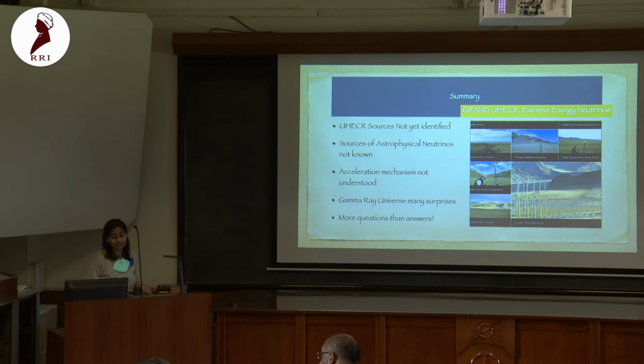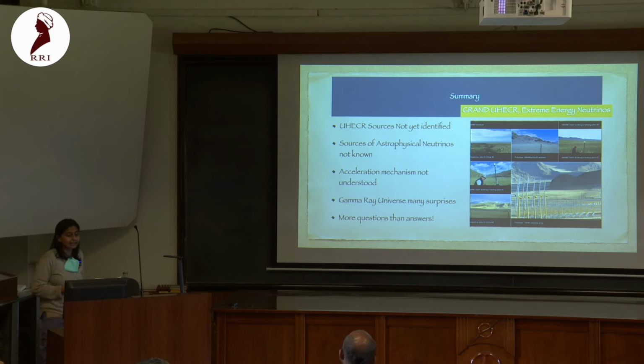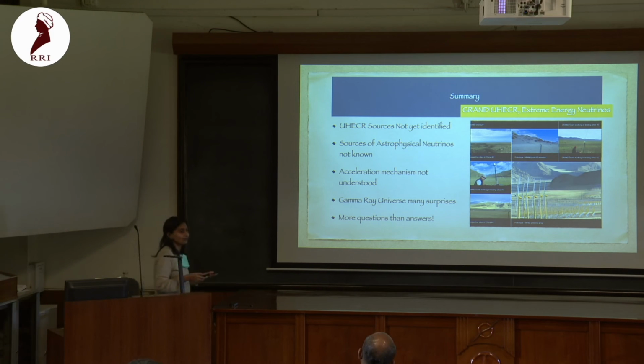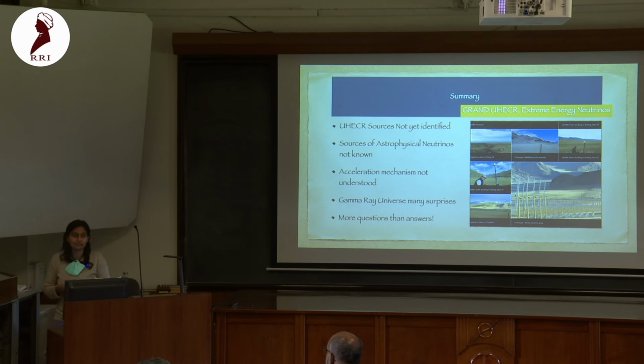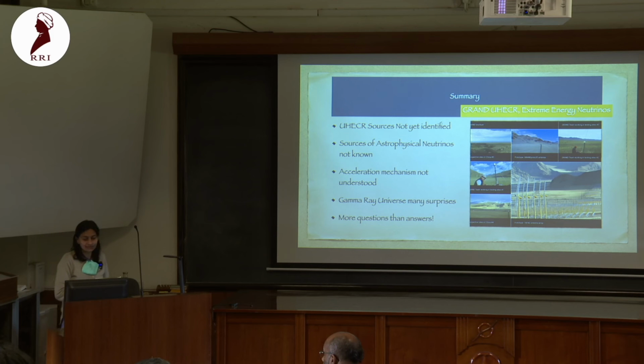We don't know whether GRBs can emit. Who knows? There can be many other sources; tidal disruption events, people are saying it can be. So basically not known. Acceleration mechanism not understood. There are various kinds of sources, and the gamma ray universe is bringing us surprises almost two to three times a month. We can see some interesting papers which have unusual results, and there are many questions to answer now because of these results. Okay, I stop here.